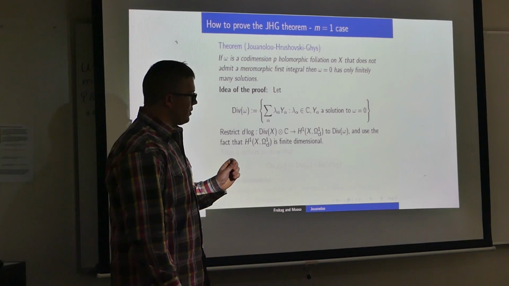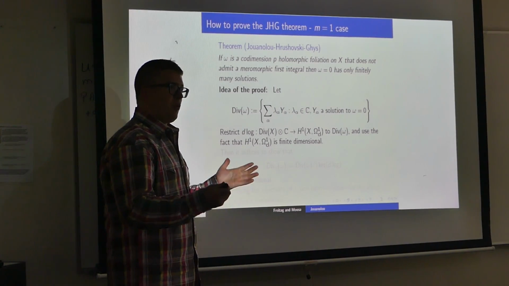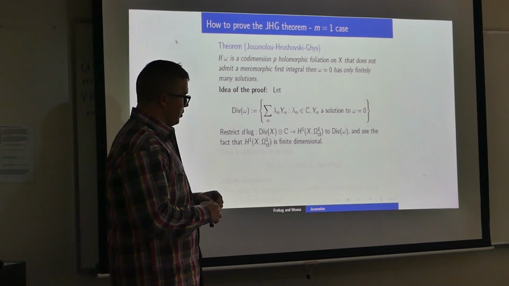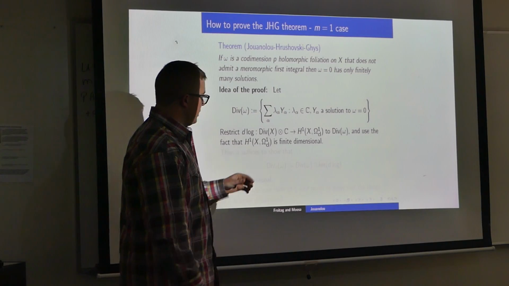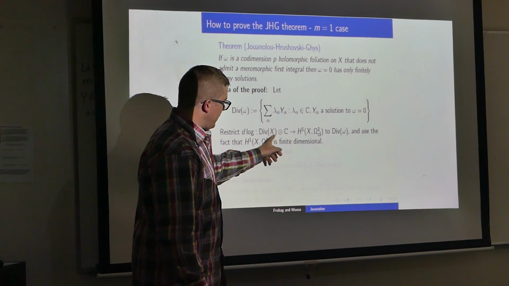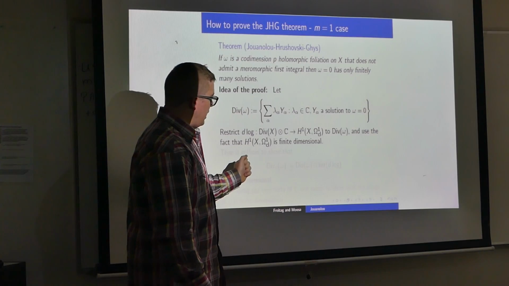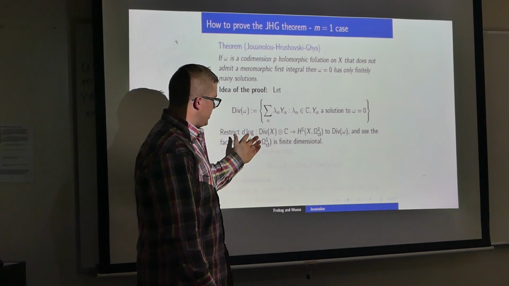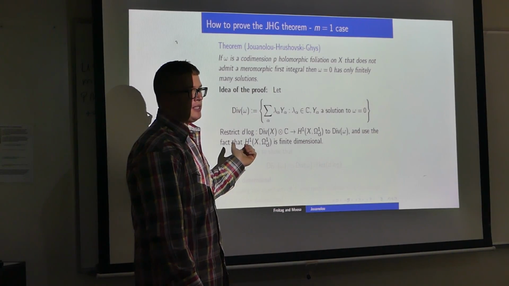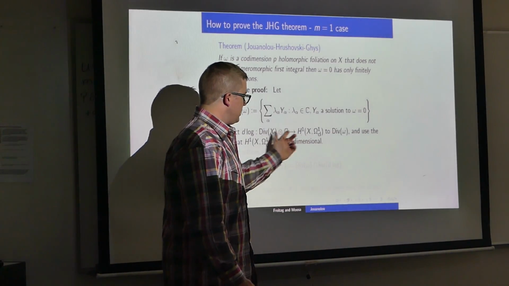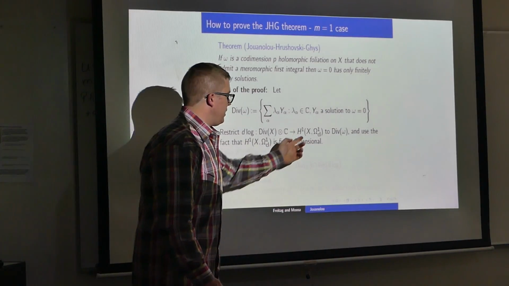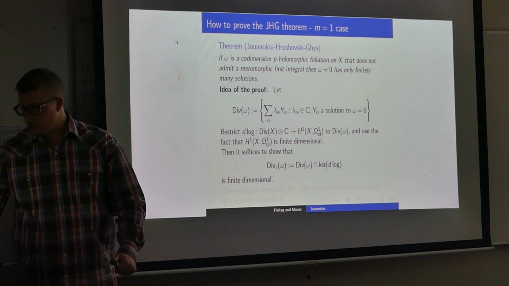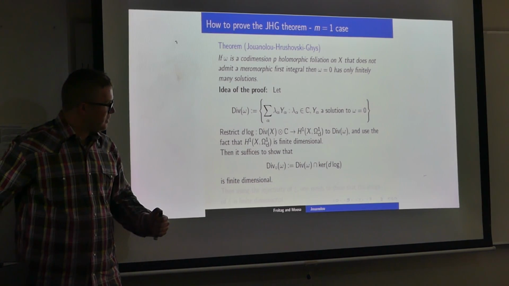So I only need to show that the solutions of omega intersect the kernel of this map to generate a finite dimensional vector space, since this is a map to a finite dimensional vector space.